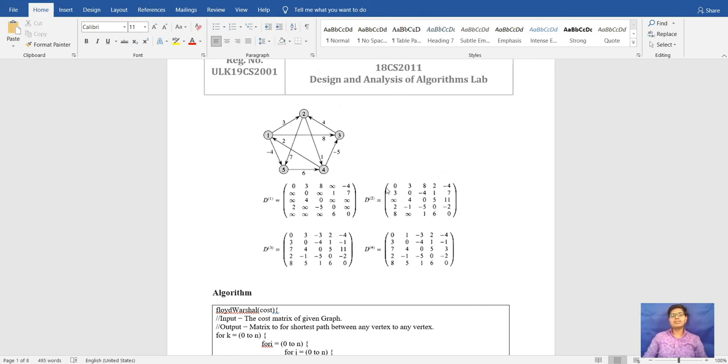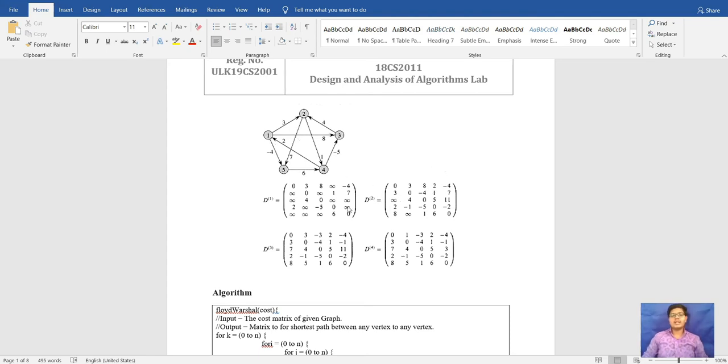Now in d2, the first will be the same, but only the infinity entries will change. So 1 to 1 will be 0, 1 to 2 will be 3, and 1 to 3 will be 8. But for 1 to 4, it will go from 1 to 5 and then to 4, so it will be 2, and 1 to 5 is there.